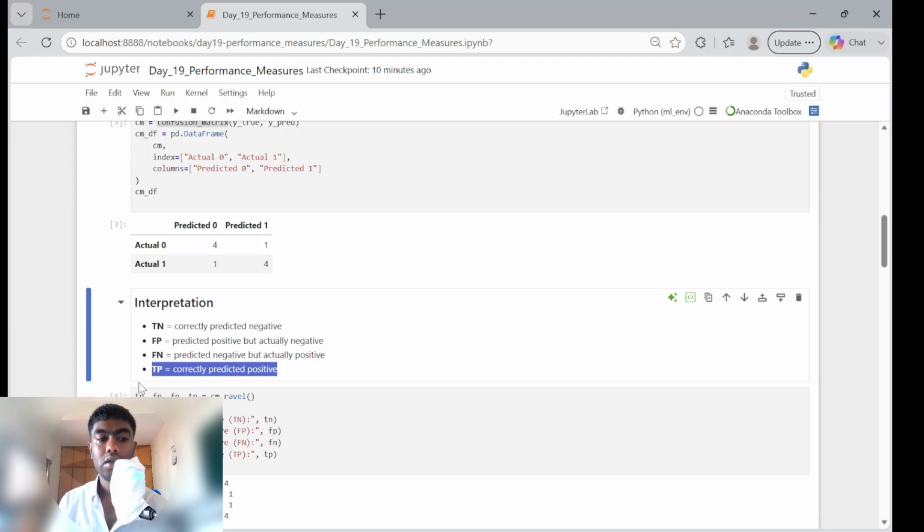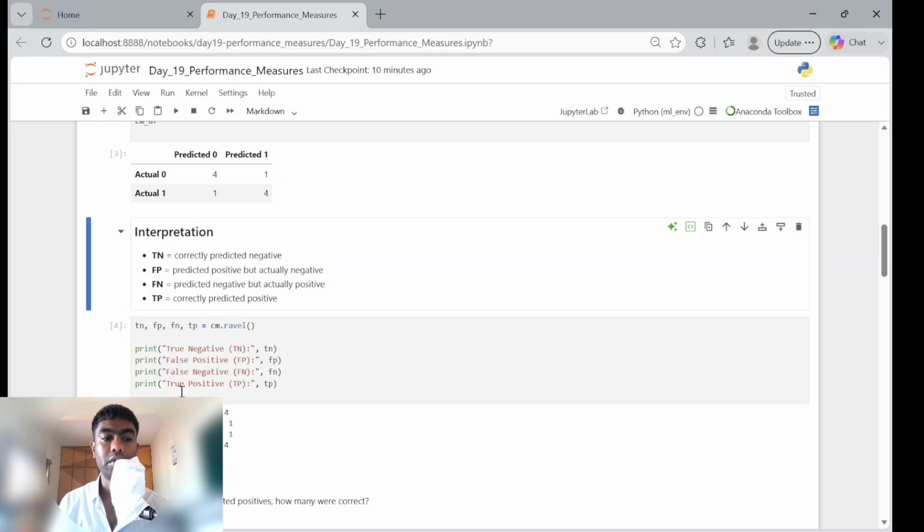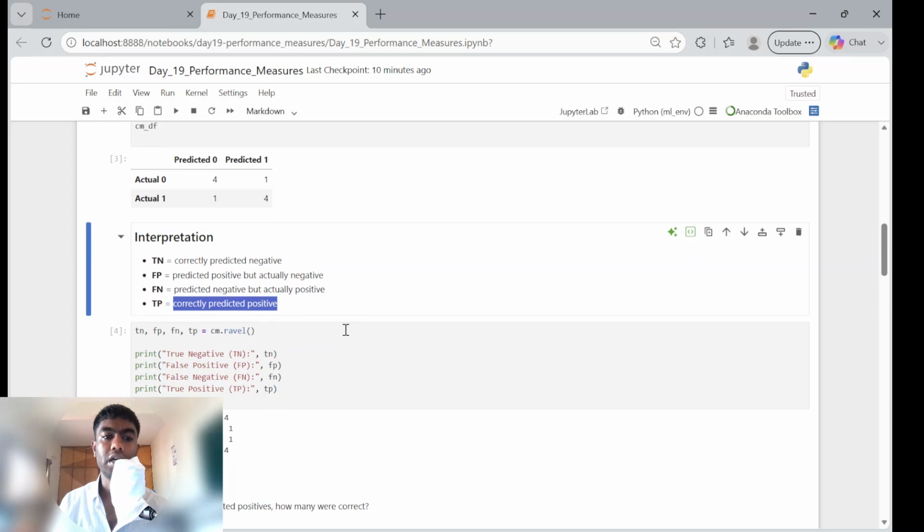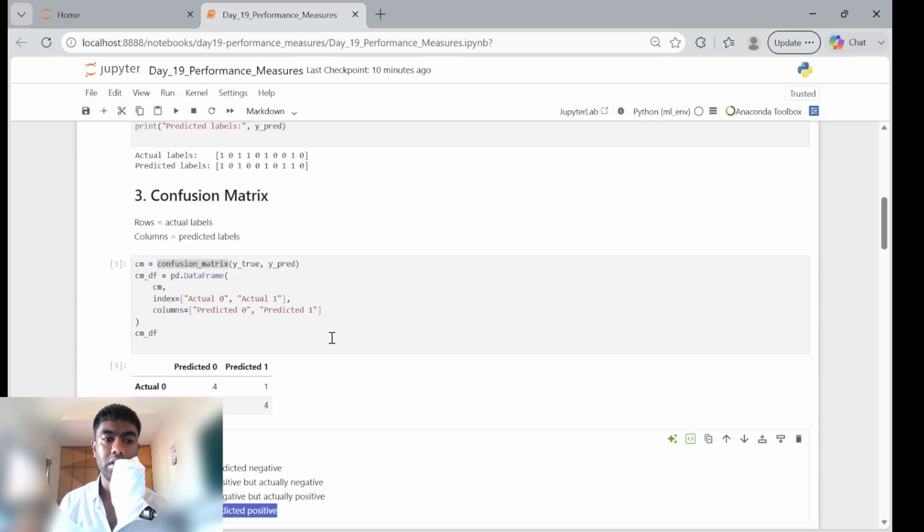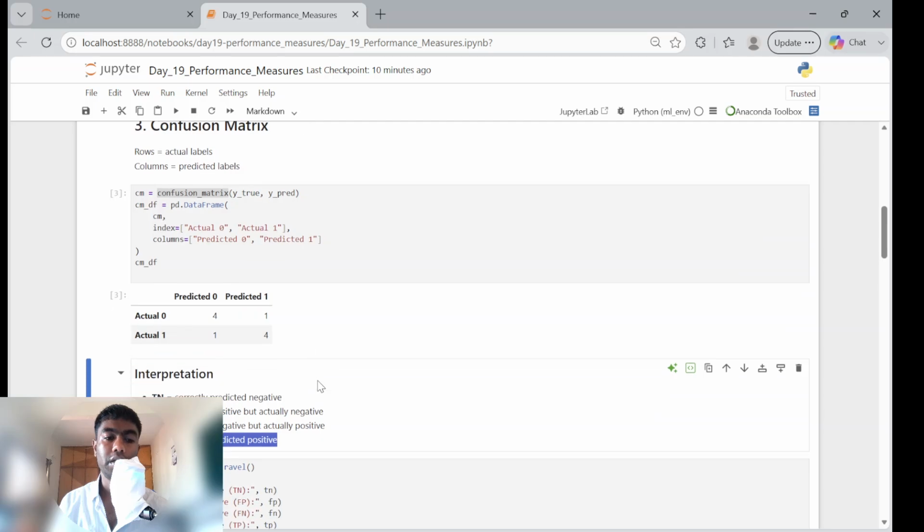So yeah, and also the interpretation for these false positives and false negatives. True negative is a correctly predicted negative, and true positive is a correctly predicted positive. Let's say we ask for one, it says it's one. Let's say we ask if it is not one, it predicts not one.